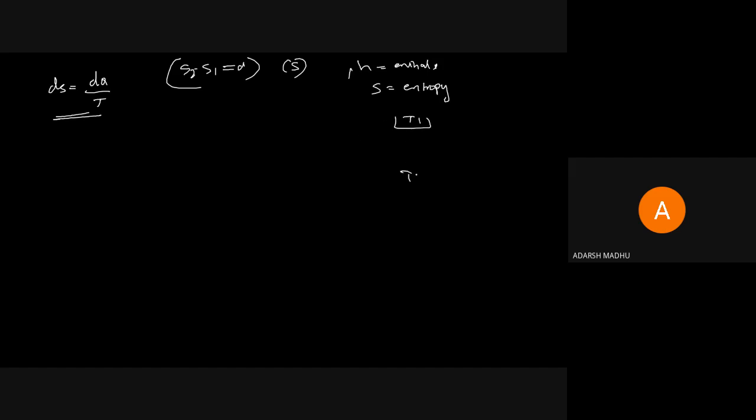One may be at higher temperature and one at lower temperature. That is the setup. And there is a reversible engine, and the efficiency of that reversible engine is maximum when heat is transferred between higher temperature and lower temperature.